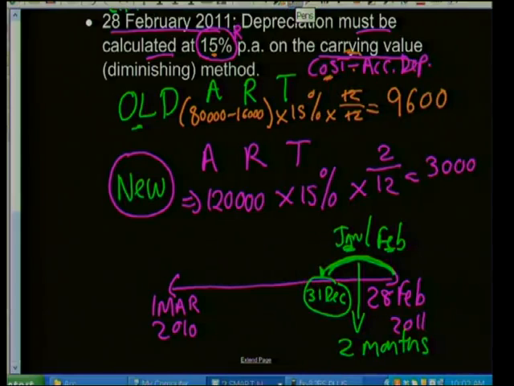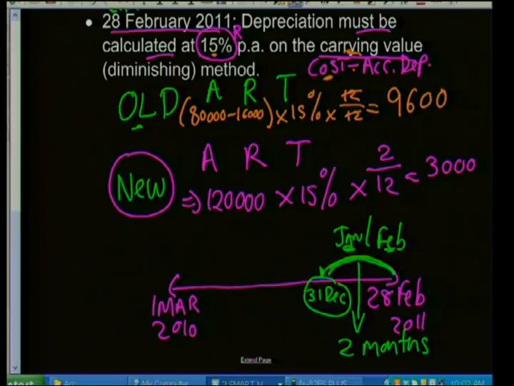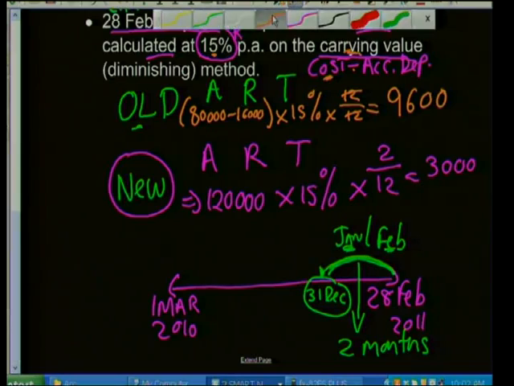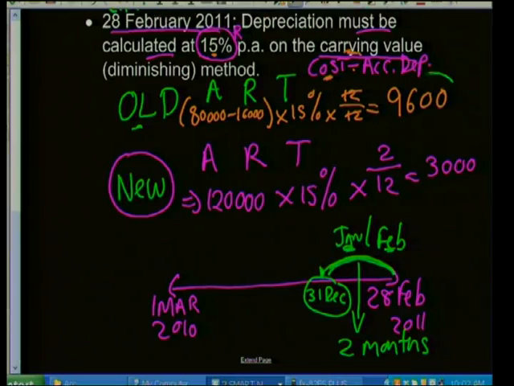Let's now look at what will be your total depreciation that we're going to write off for this financial year. Your total depreciation is simply going to be the sum of old plus new. In other words, my old vehicle, the depreciation is an amount of 9,600.